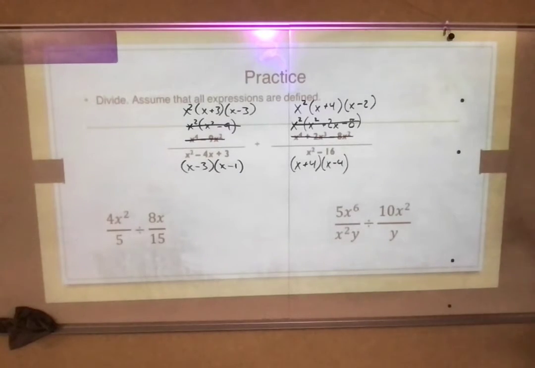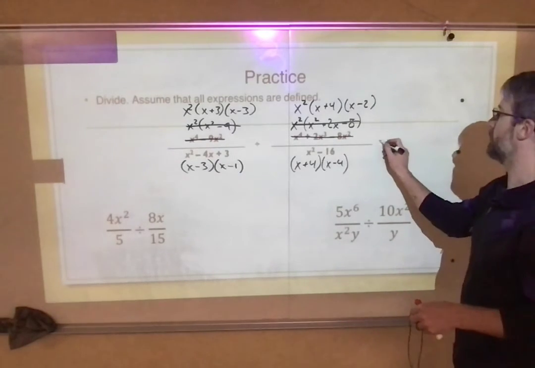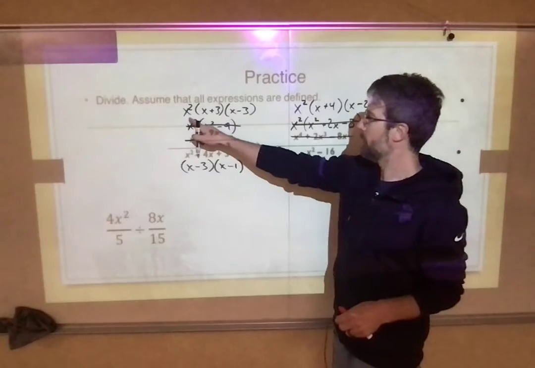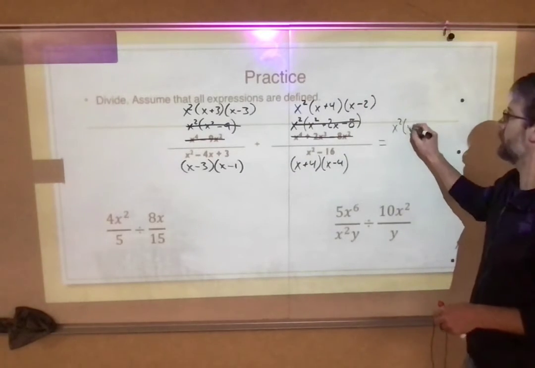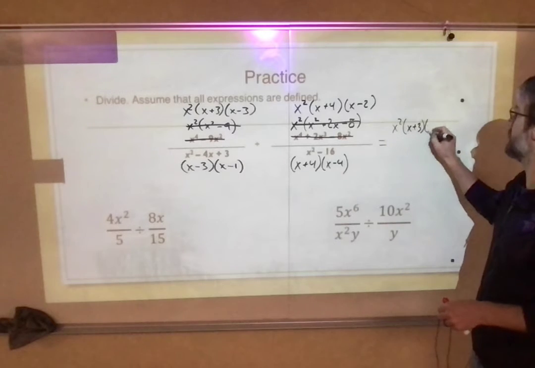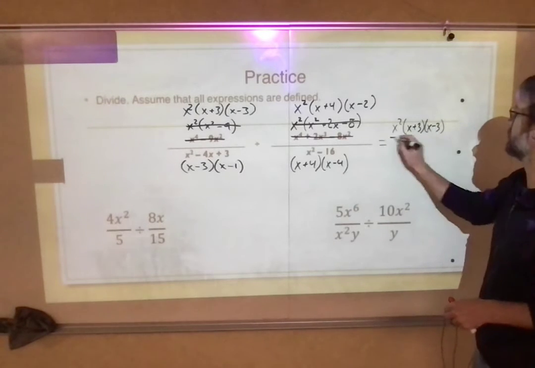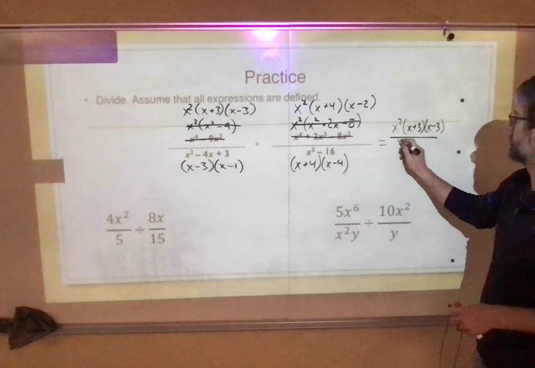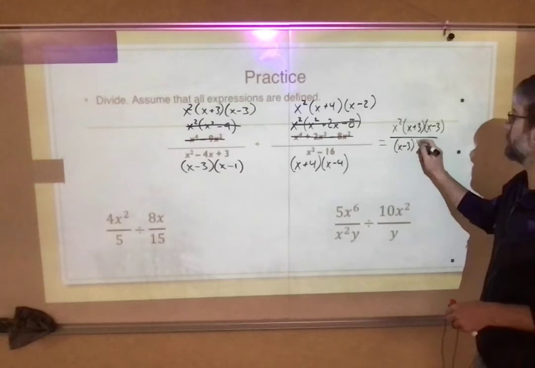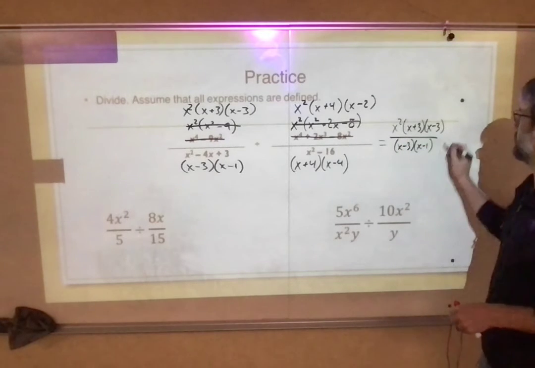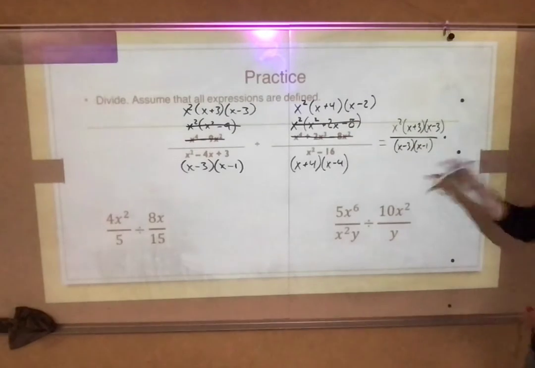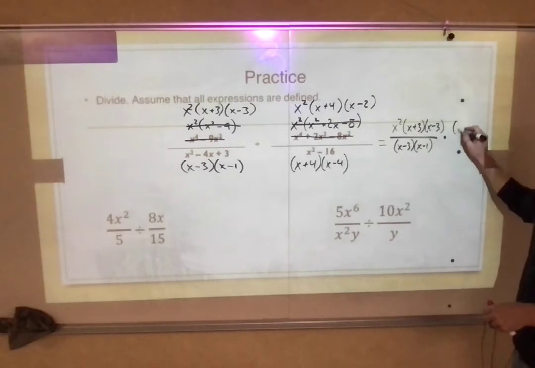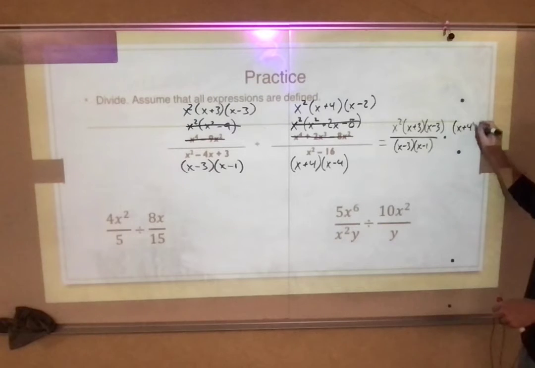Okay, now rewriting this with keep, change, flip, right? The top on this one, x squared, x plus 3, x minus 3 over x minus 3, x minus 1. Now if we multiply by the reciprocal here, the denominator is now going to be the numerator, so plus 4 minus 4.